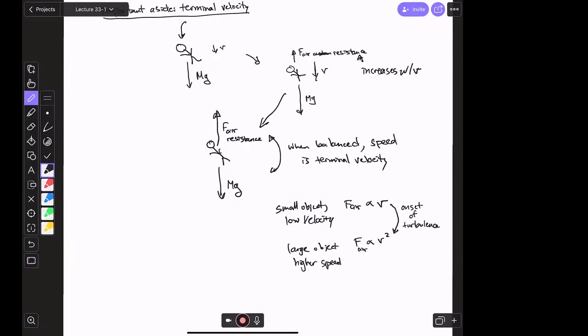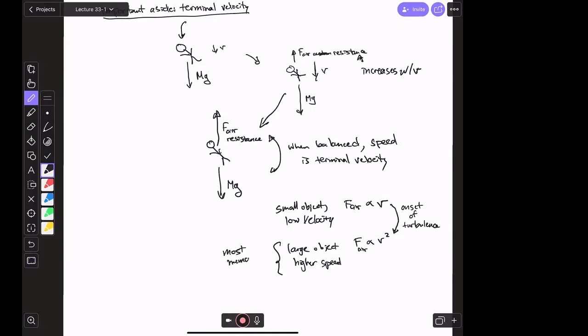So if you imagine moving your hand through the air very slowly, at a speed of just several centimeters per second, you can imagine that the air can move smoothly around your hand. That's the non-turbulent limit. Whereas if you move it quickly, there's all kinds of vortices that are created behind your hand, so that's turbulence. So most of our human experience is in this limit.